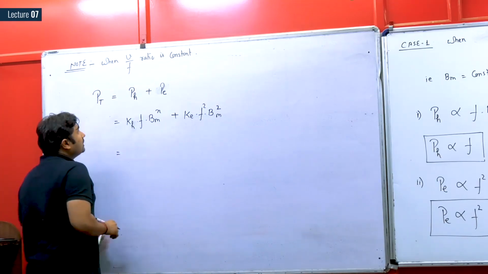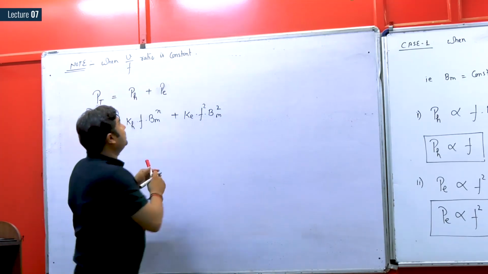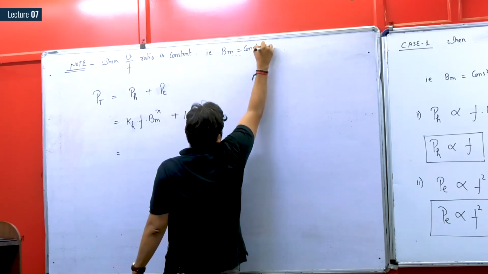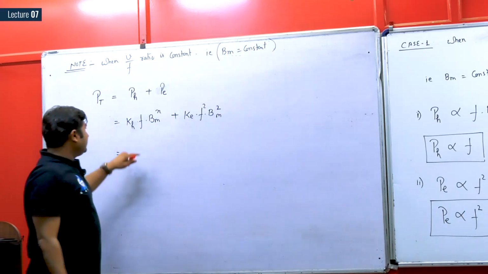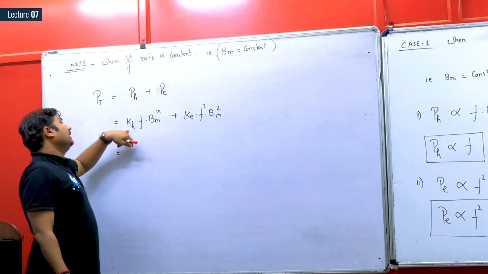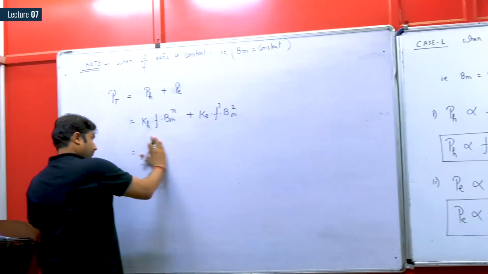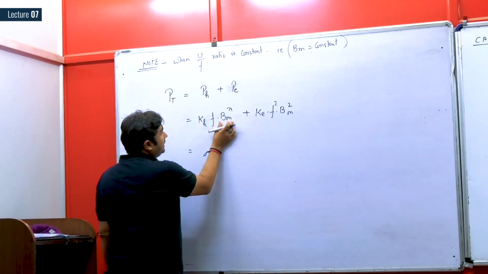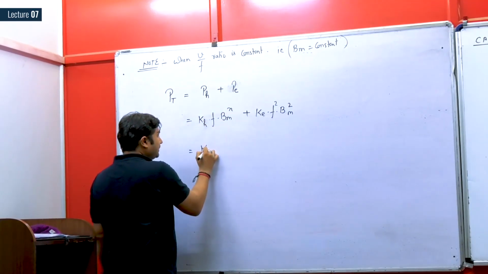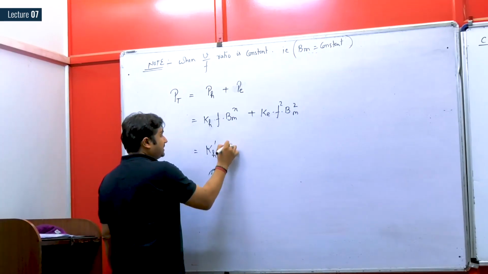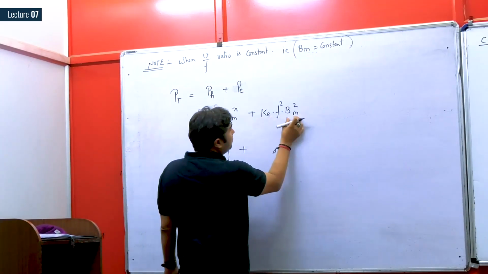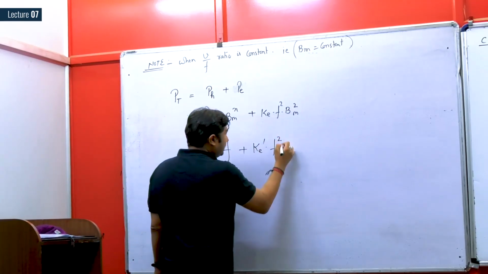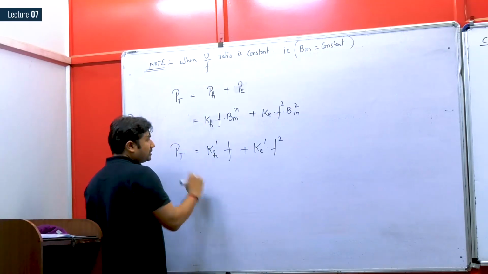So, since V by F ratio is constant, it means Bm is constant, and when Bm is constant, you can take Bm to the power x in the constant Kh. So Kh and Bm to the power x both can be represented as one constant Kh dash into F, plus Ke into Bm square can be represented as a constant Ke dash into F square. This is your total core loss Pt.